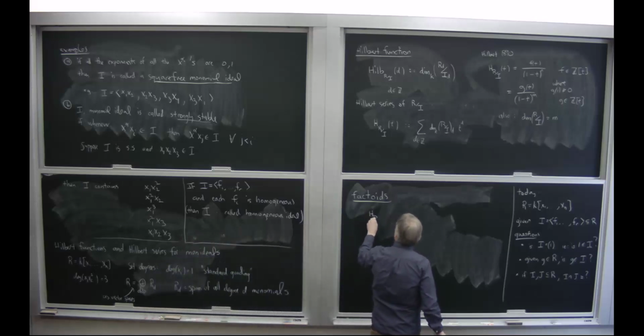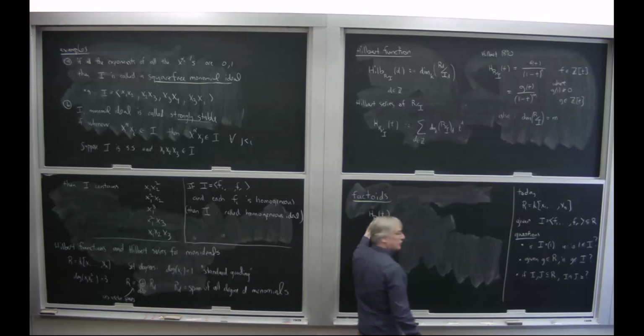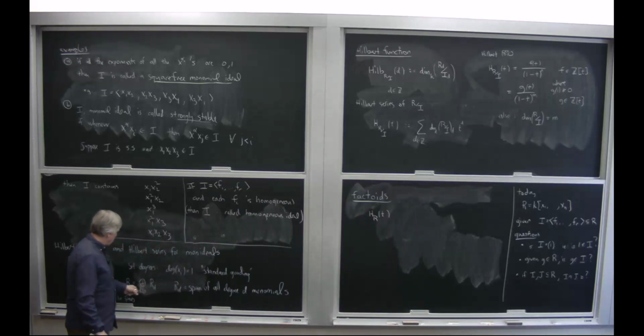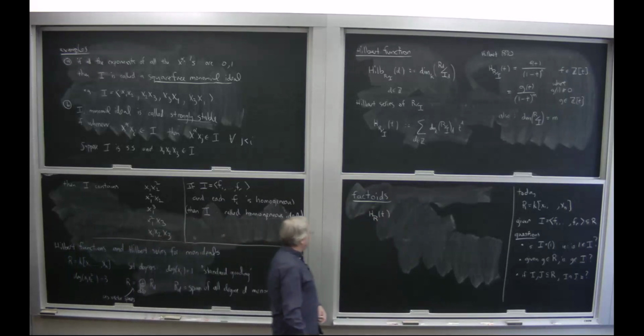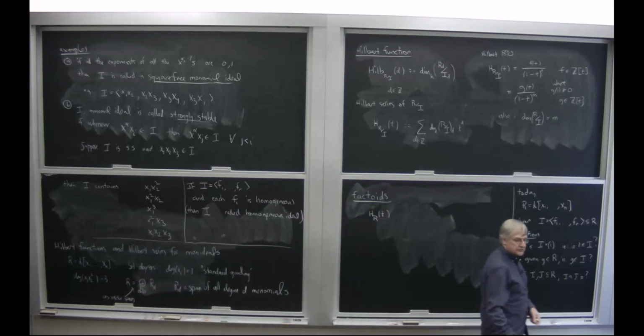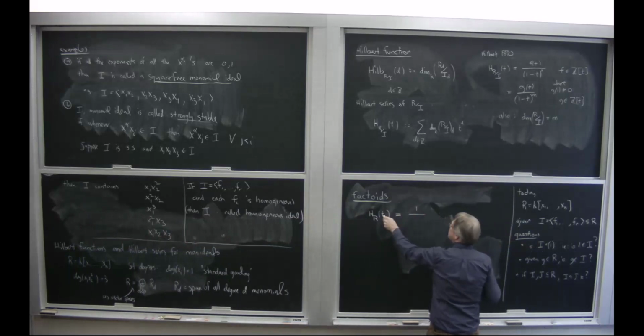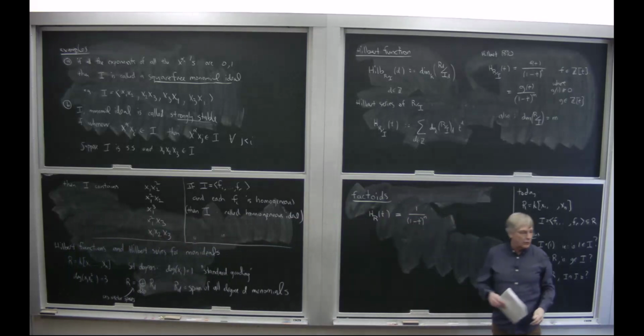So if I take H_R of t, so this is a polynomial ring, I know how many monomials there are. I can just do a combinatorial argument to figure out how many there are. In degree d, it's d plus n minus 1 choose. So I don't even want to write it down, because what I really want to write down is that this thing has Hilbert function 1 over (1 minus t) to the n.